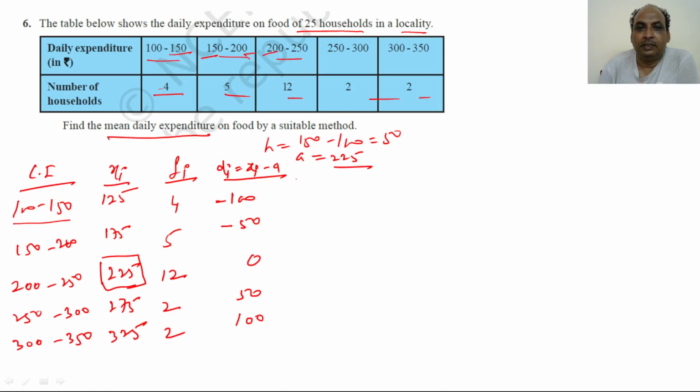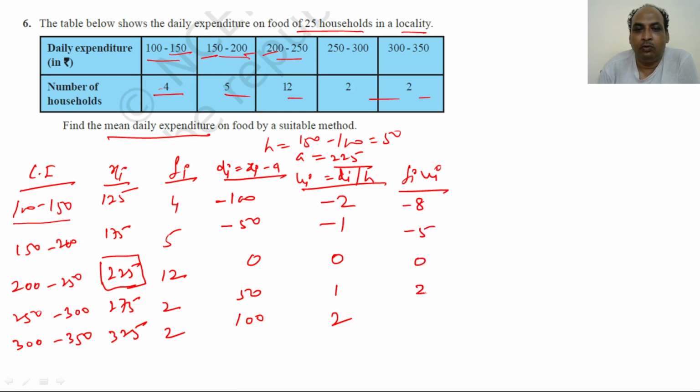Okay. Now ui is equal to di by h. So minus 100 divided by 50 is minus 2, minus 1, 0, 1, 2. Okay. Then fi ui is 4 into minus 2 is minus 8, minus 5, 0, 2, 2 2s are 4. Okay, fine.